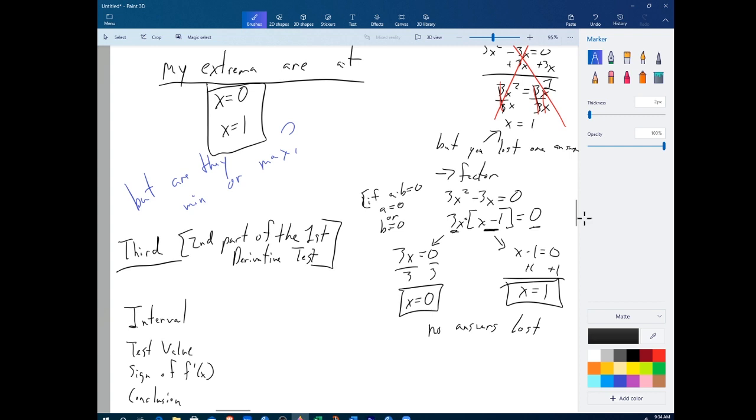And my intervals, like I said, I'm going to be using these extrema. I'm going to say I want to go from negative infinity to the first extrema. Then I want to go from the first extrema to the second extrema. And then I want to go from the second extrema all the way back up to infinity again.